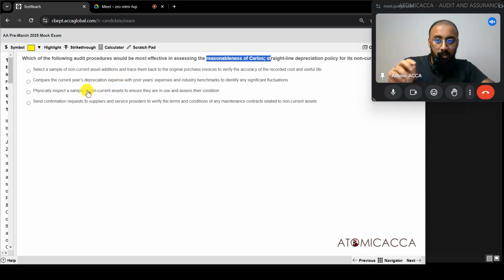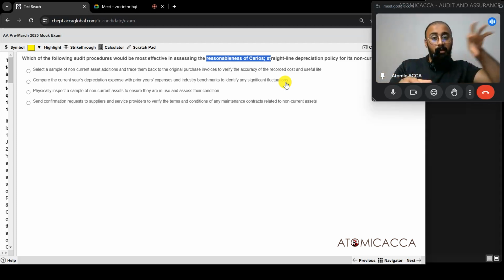Second one, compare the current year's depreciation expense with prior year expense and the industry benchmarks to identify any significant fluctuation. If I look at the current year expense, it's based on straight line depreciation. If I look at the prior year expense, I'll get an idea whether that was also on straight line depreciation or whether it was under some other policy. If I look at the industry benchmark, I'll get an idea about whether generally my competitors in the industry are using straight line depreciation for similar assets or reducing balance.